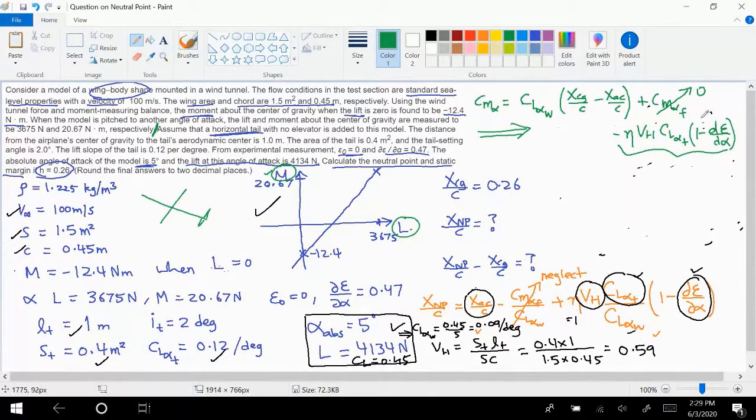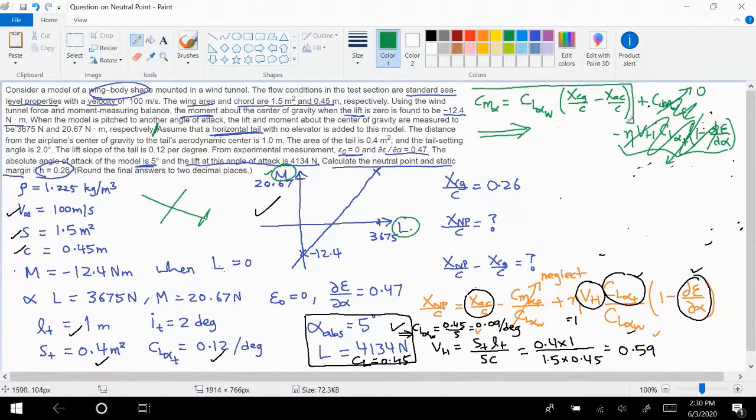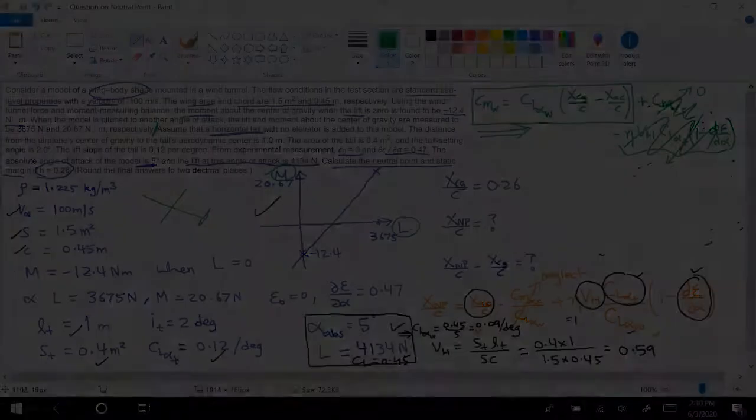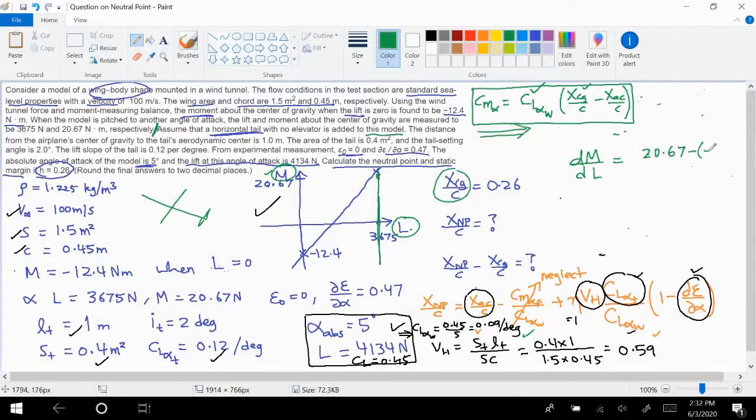does that not mean I can just ignore this part? Because that information does not assume that the tail is added. The tail is added only later on. Okay, so I'm going to just use this as the equation for CM alpha in order to find XAC. 20.67 minus 12.4 divided by change in lift.